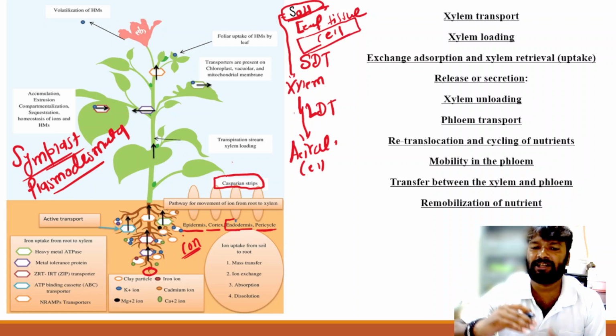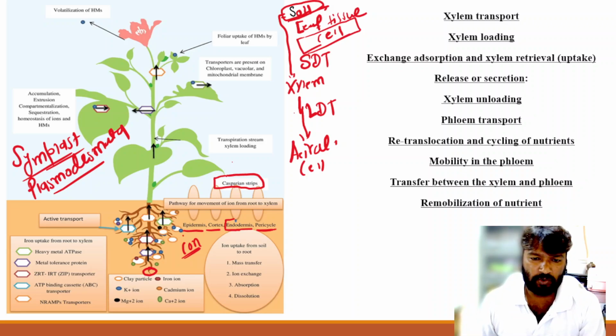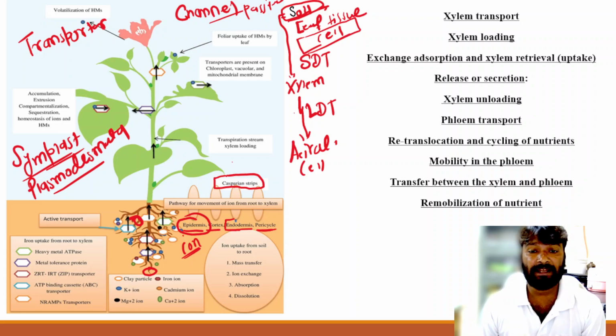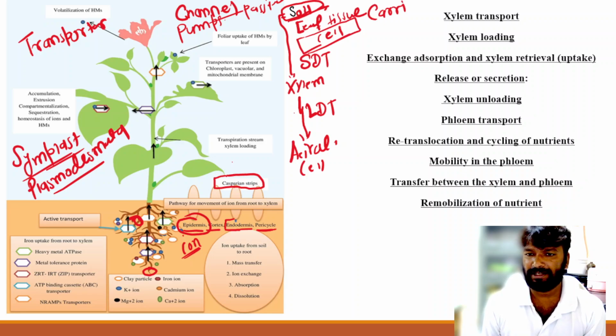So in this short distance transport pathway, at two places, at the cell membrane and the xylem loading, there is involvement of transporters. We already discussed the transporters: there are channels, which are involved in passive transport; then pumps, which are active pumps; and then the carrier proteins.